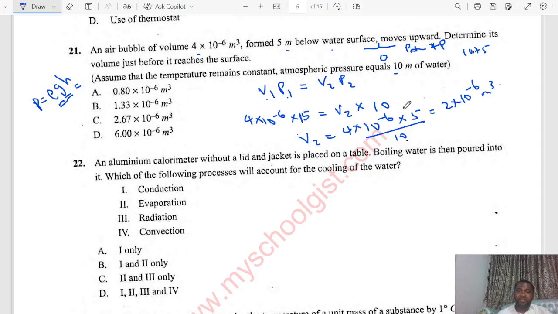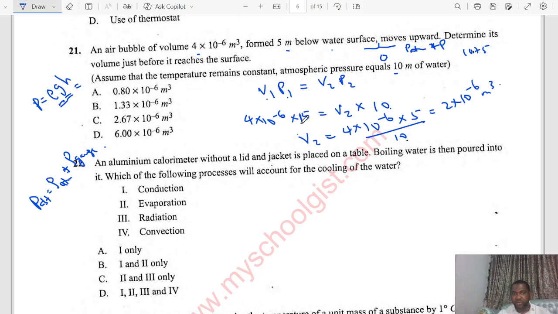But at the surface it experiences only the atmospheric pressure, which is 10. So whenever you see bubbles or anything on the surface, the only pressure they experience is the atmospheric pressure. But inside the liquid, we call it the absolute pressure. Absolute pressure is equal to atmospheric pressure, P0 or P atm, plus the gauge pressure, or the pressure of the liquid.